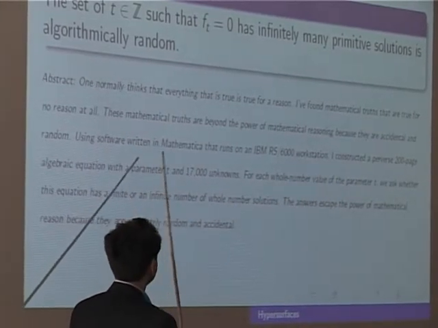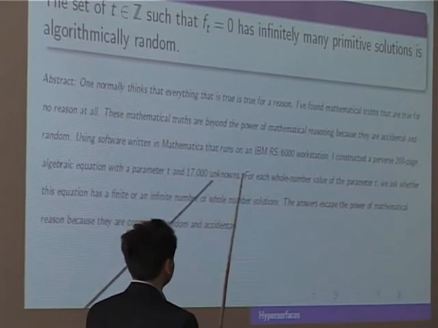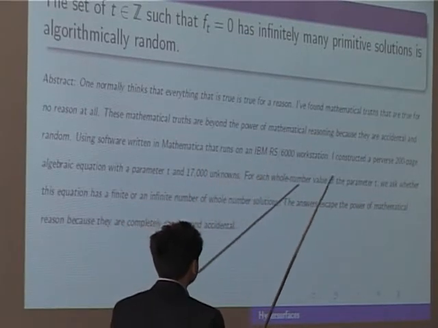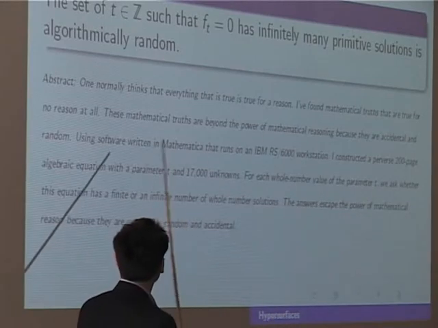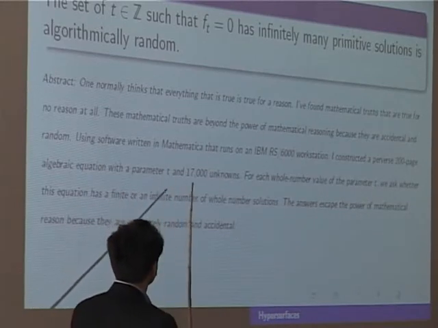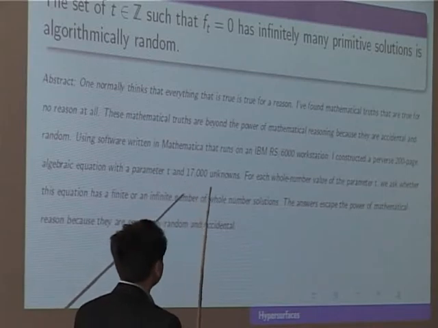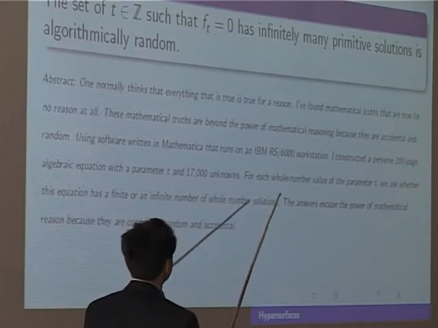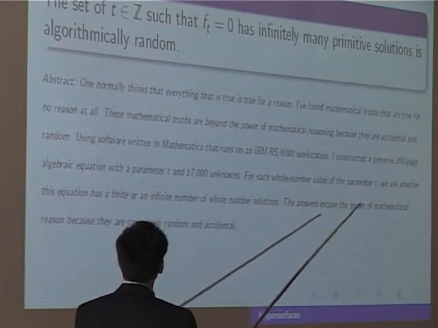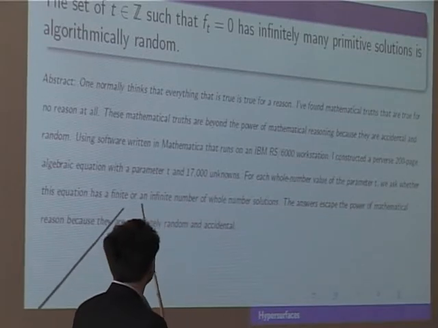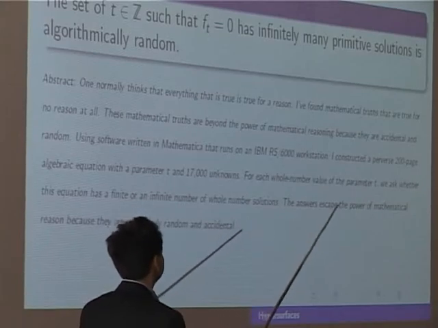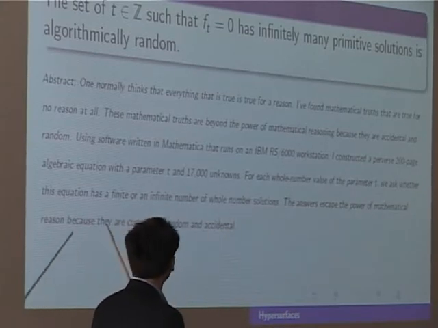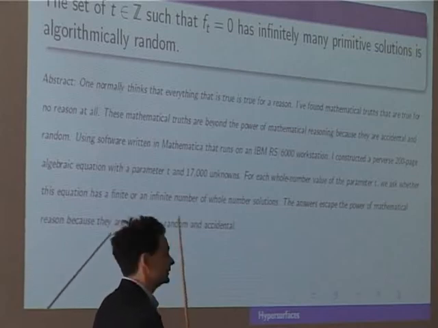Using software written in Mathematica that runs on a computer, I constructed a perverse 200-page algebraic equation with a parameter t and 17,000 unknowns. And for each whole value of the parameter t, we ask whether this equation has a finite or an infinite number of whole number solutions. The answers escape the power of mathematical reason because they are completely random and accidental.